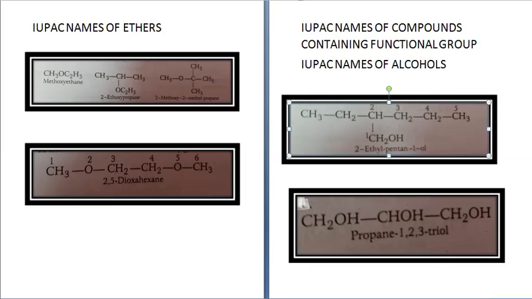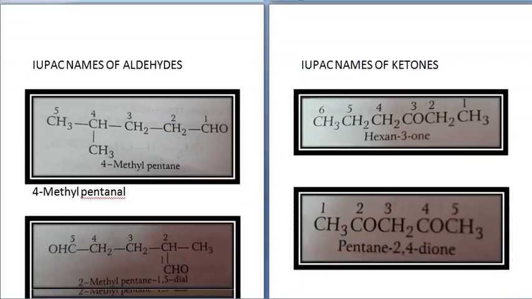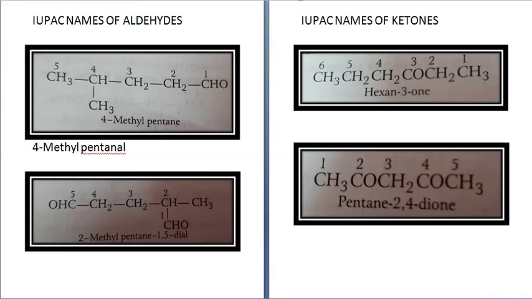Like you take an example over here, CH3, CH2, CH, CH2, CH2, CH3, and to this is attached CH2OH. So this has to be given the lowest possible number. So that is why this carbon will be numbered as 1, and then 2, 3, 4, 5. If we had done like this, 1, 2, 3, 4 only.